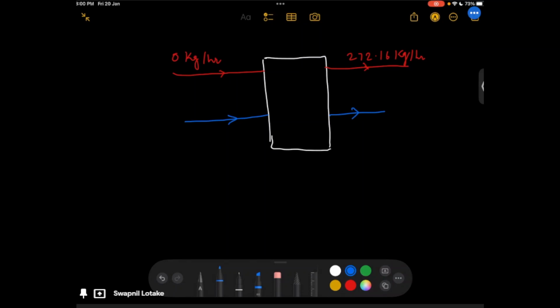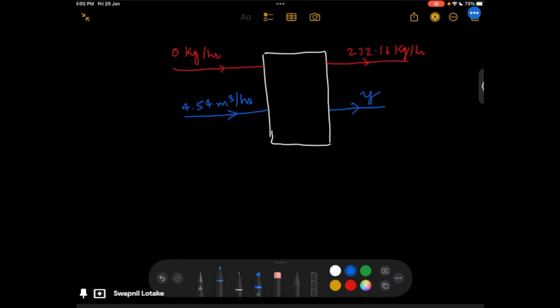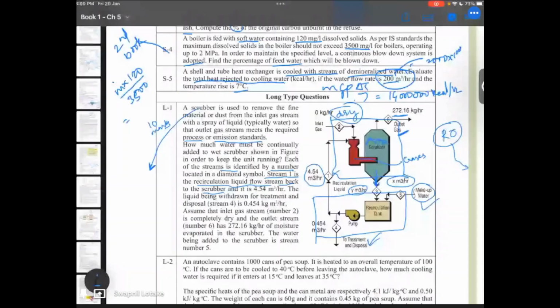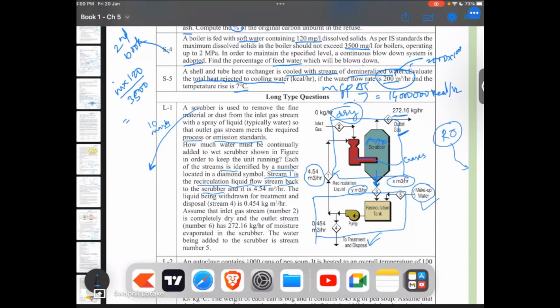This is 4.54 meter cube per hour, and this is y. Let me check again whether this is correct. This is fine.